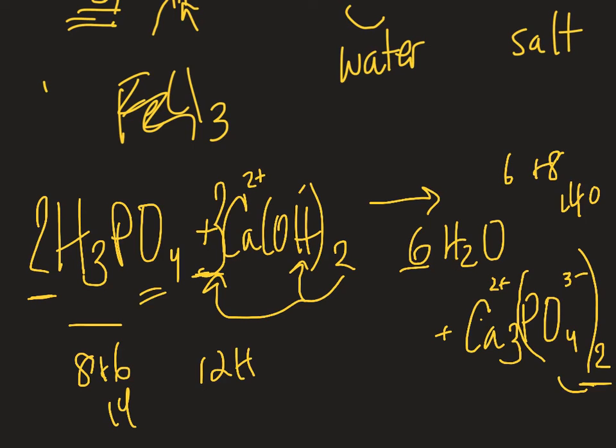So what you'll do when predicting these reactions every time is make sure that water is the first product that you write, and then realize that you're going to be combining the positive of one with the negative of the other, the positive from the metal with the negative of the base after making your waters. And if you add all the signs to 0, just like when we were making ionic compounds, you will get the correct answer.